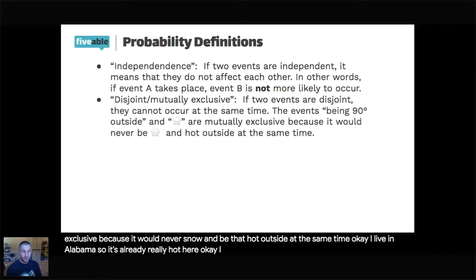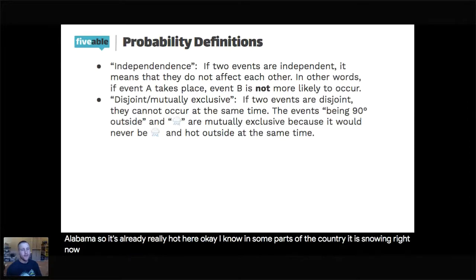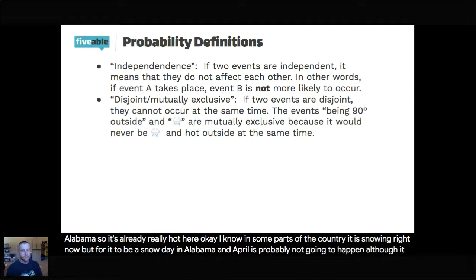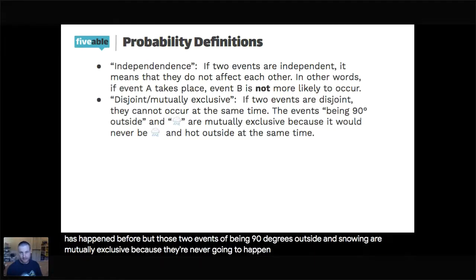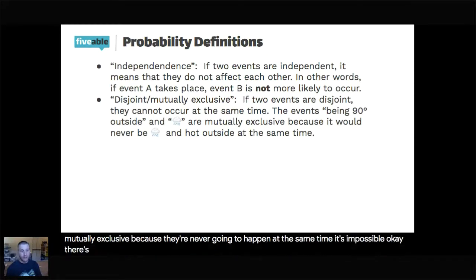I know in some parts of the country it is snowing right now. But for it to be a snow day in Alabama in April is probably not going to happen, although it has happened before. But those two events of being 90 degrees outside and snowing are mutually exclusive because they're never going to happen at the same time. It's impossible.